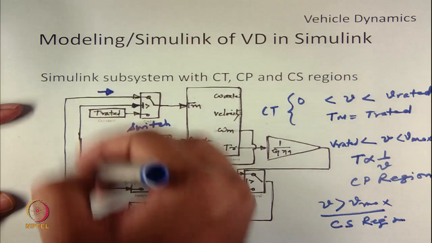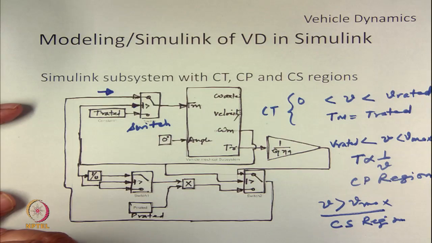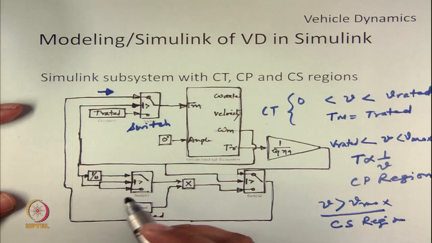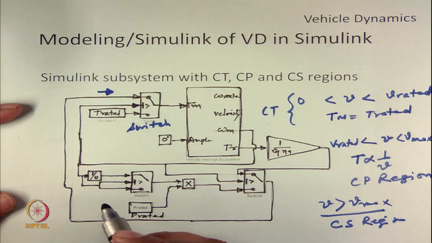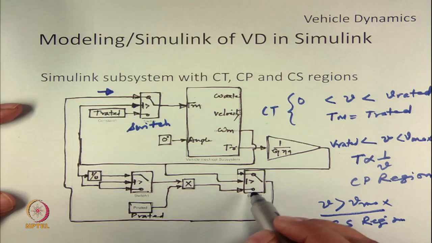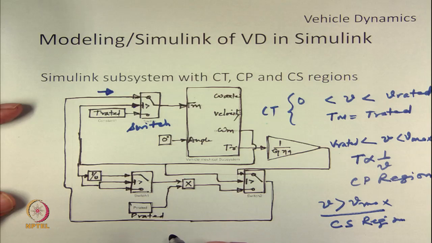So, this value of torque may be of constant power region or constant speed region. So, these two blocks help us to do that.